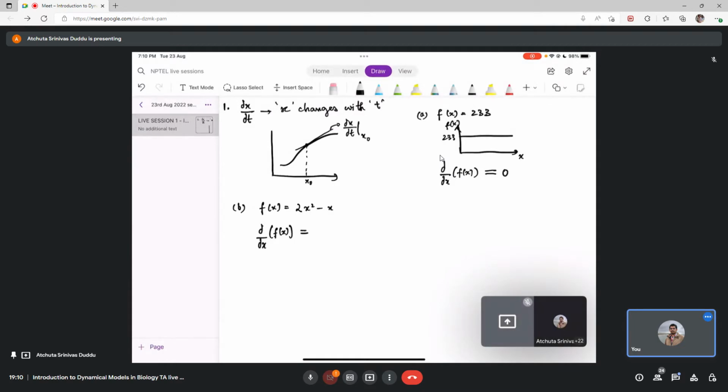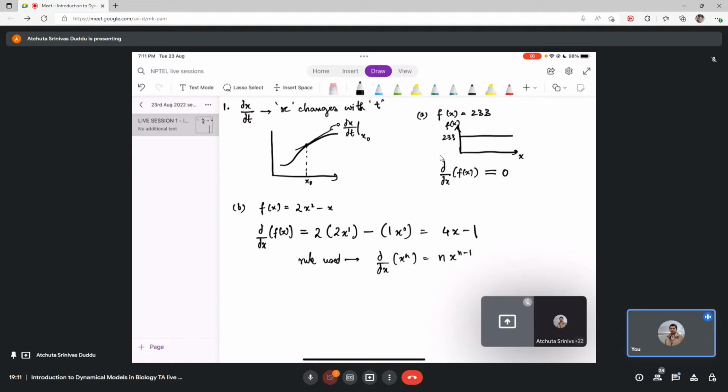So the differential of x power 2 would be 2 into x power 2 minus 1, that is x power 1, minus the differential of x, again with the same rule, x power 1 gives 1 times x power 0. So this would be 4x minus 1, right? So the rule we used is d by dx of x power n is equal to n into x power n minus 1.